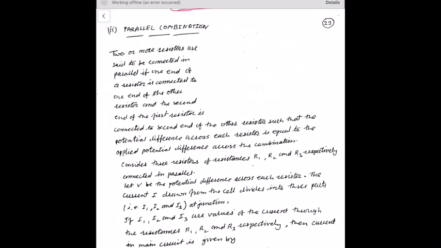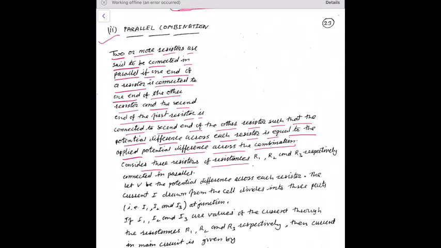Second, parallel combination. Two or more resistors are said to be connected in parallel if one end of a resistor is connected to one end of the other resistor and the second end of the first resistor is connected to the second end of the other resistor, such that the potential difference across each resistor is equal to the applied potential difference across the combination.